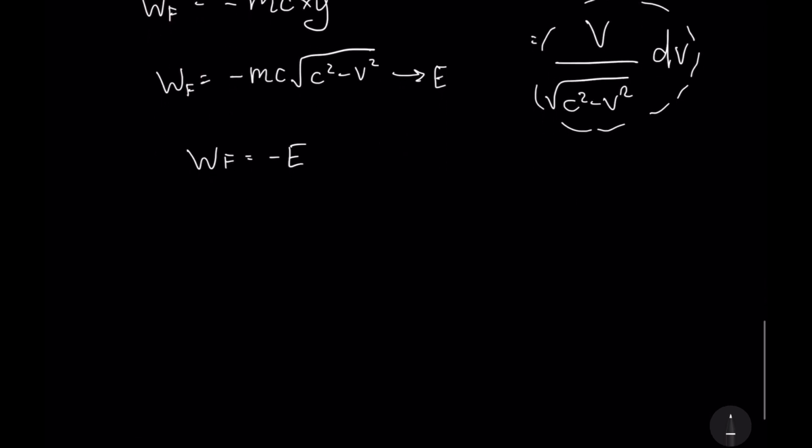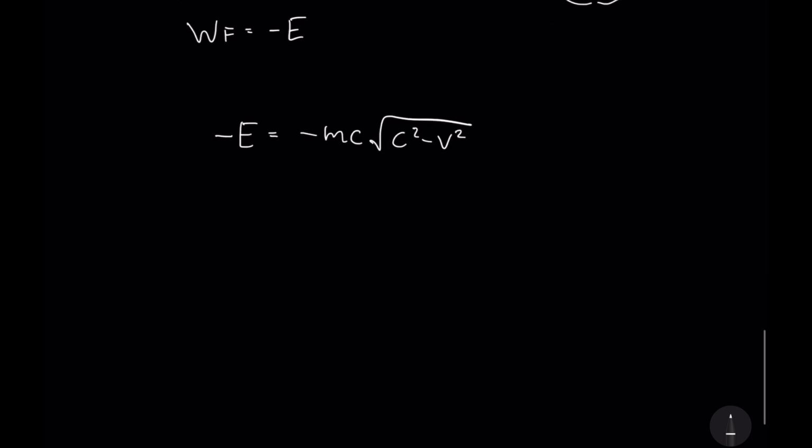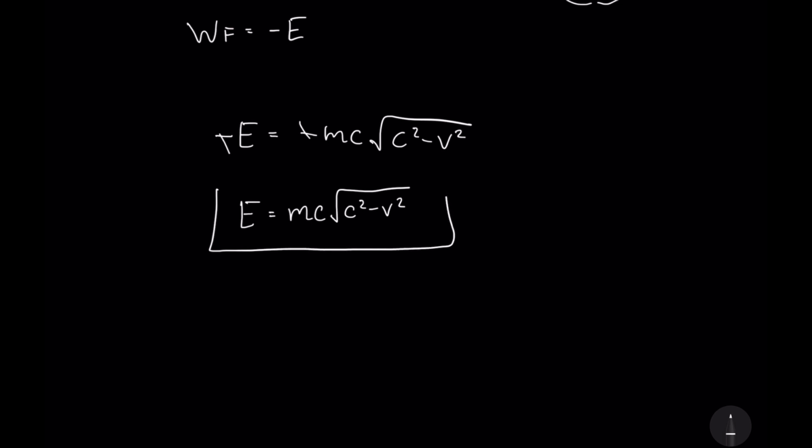If we input that, negative E is equal to negative mc root of c square minus v square. So the negatives cancel and you get E is equal to mc by root c square minus v square. Now this is a very important formula.